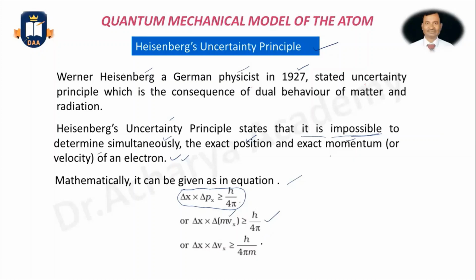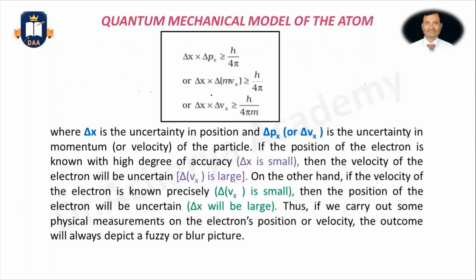Then the final equation, if m is taken to the right side, will be delta x multiplied by delta vx greater than or equal to h by 4 pi m.